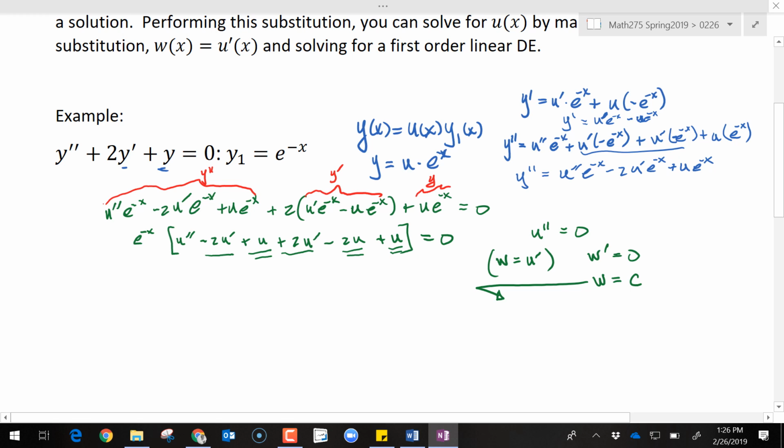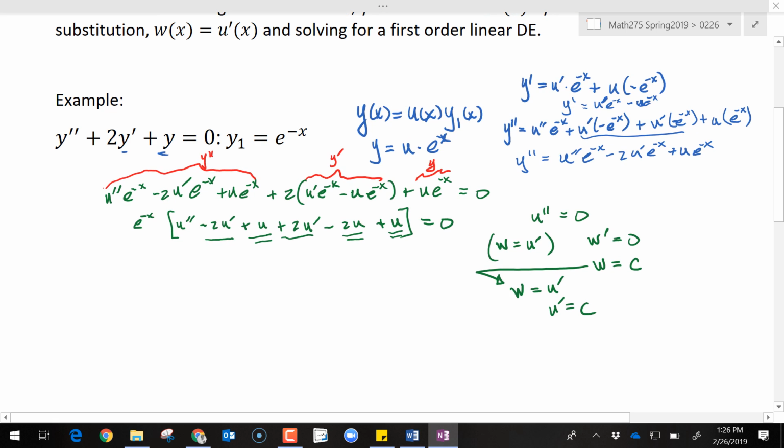we want to eventually solve for u. So w is equal to u prime, which means u prime is equal to some constant. So what does u equal to? C times x, right? Some constant times x. A constant doesn't mean much, but the x is the function that we're looking for.